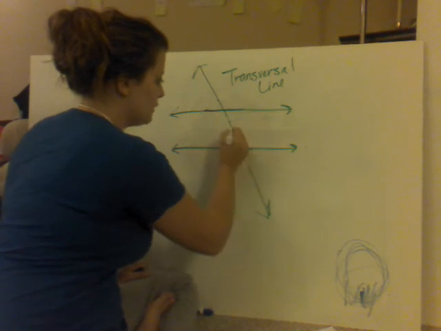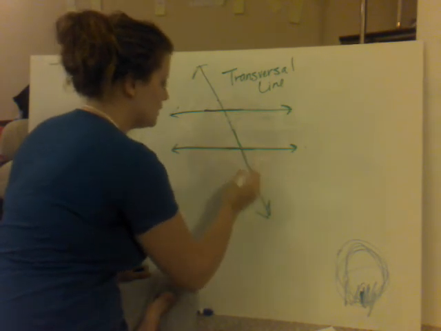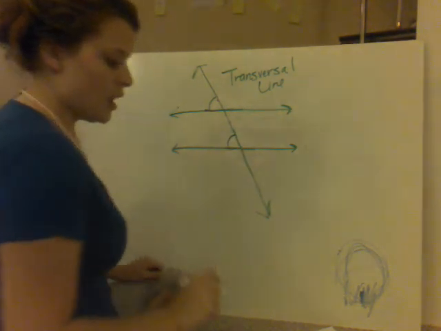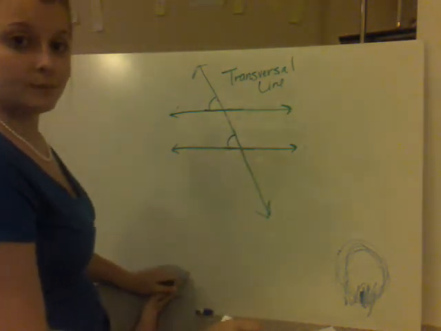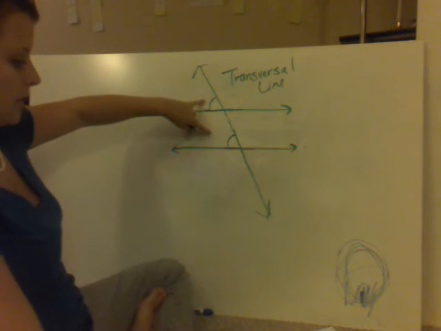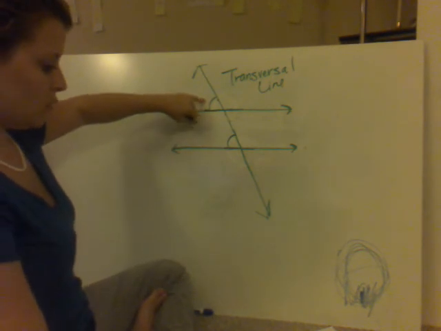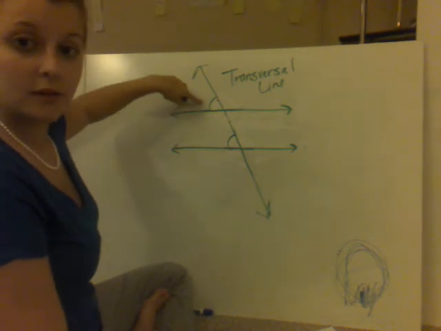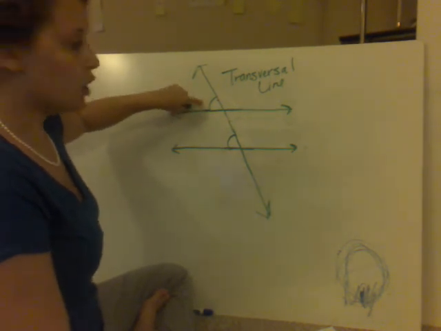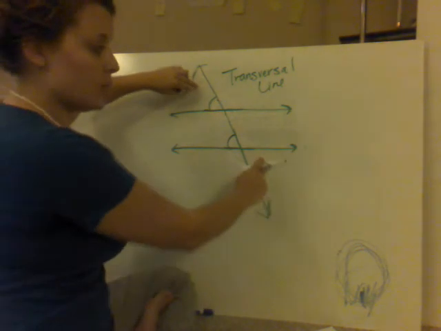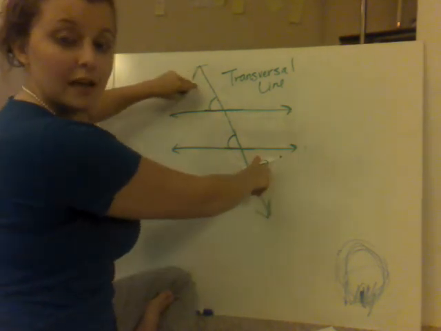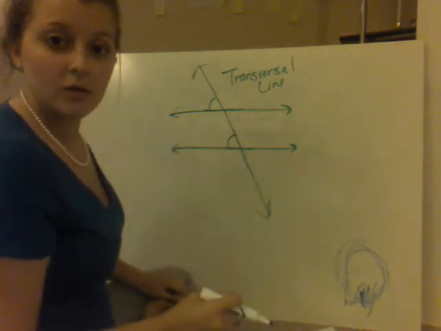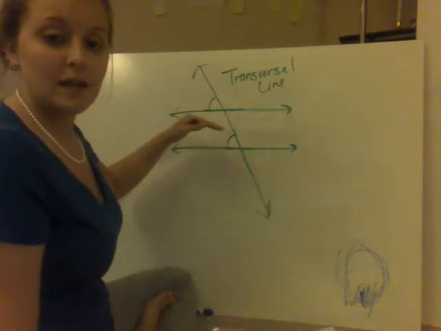Okay, so I'm going to reiterate a couple of things that I've already mentioned, but this right here and this right here are corresponding angles. Okay? So I've got corresponding angles. One is in between the parallel lines, one is outside the parallel lines. So our alternating exterior angles are both outside, and our alternating interior angles are both inside. Corresponding angles, one is outside, one is inside.